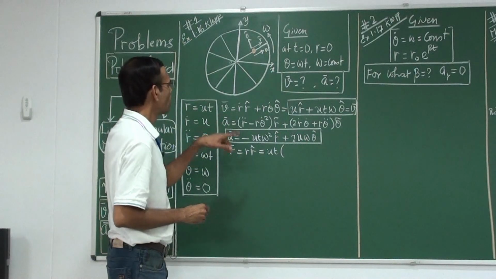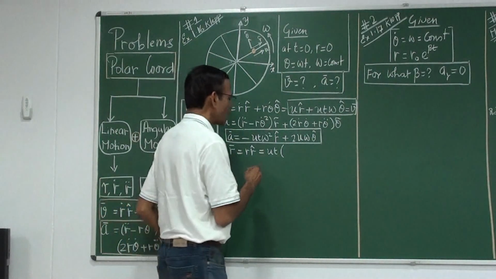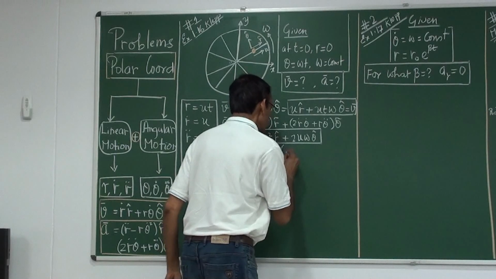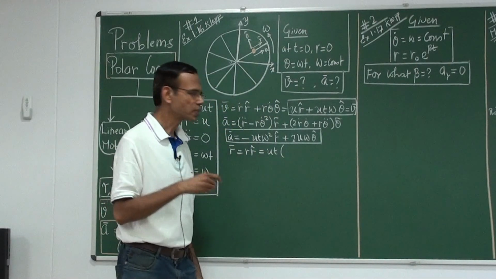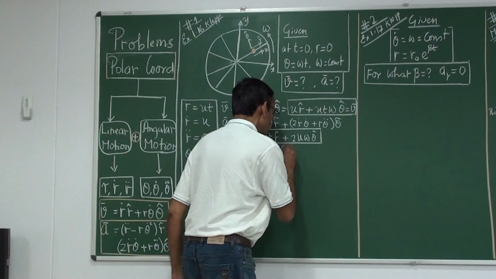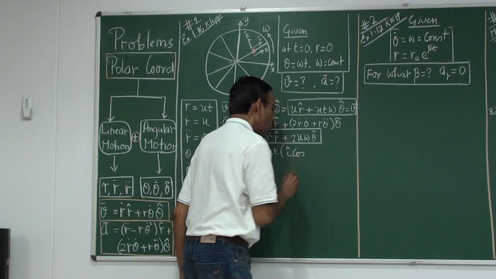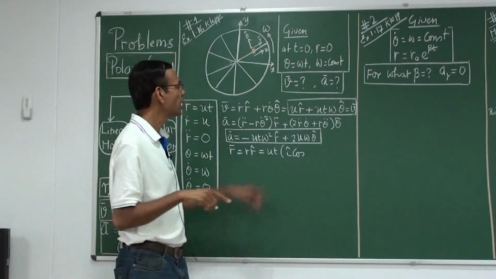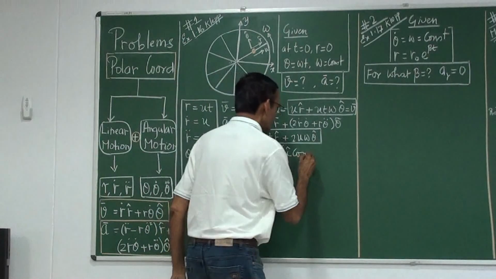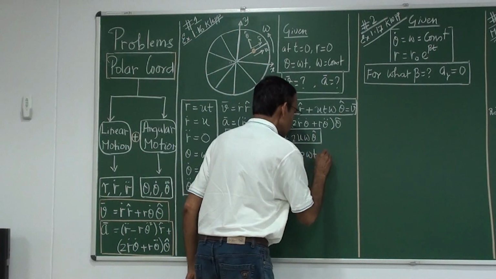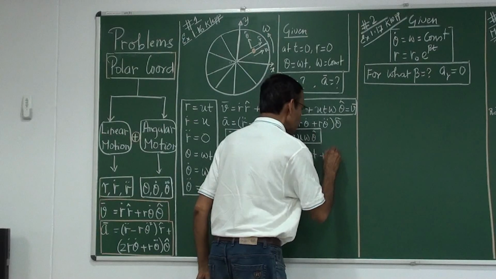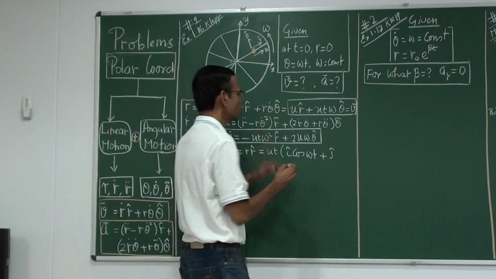So R cap, as we have studied, is i cap cos theta. Now theta, as we know, is omega t. So I write i cap cos omega t plus j cap sin theta, that is sin omega t.